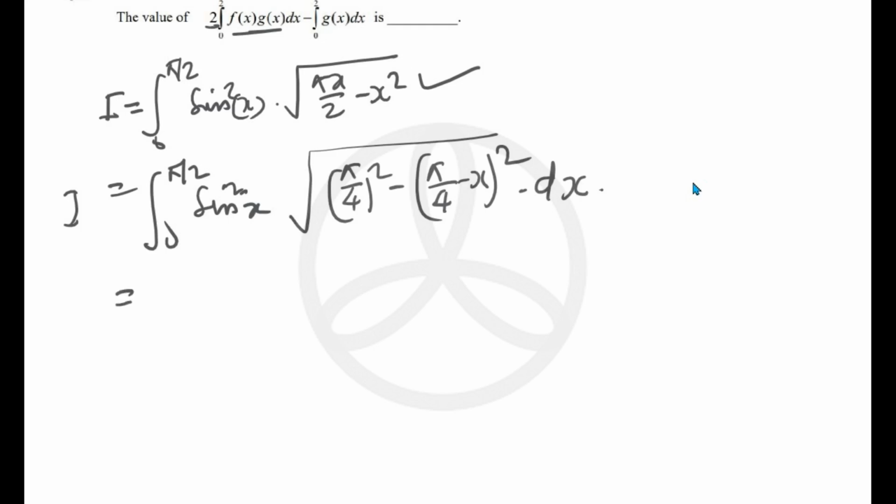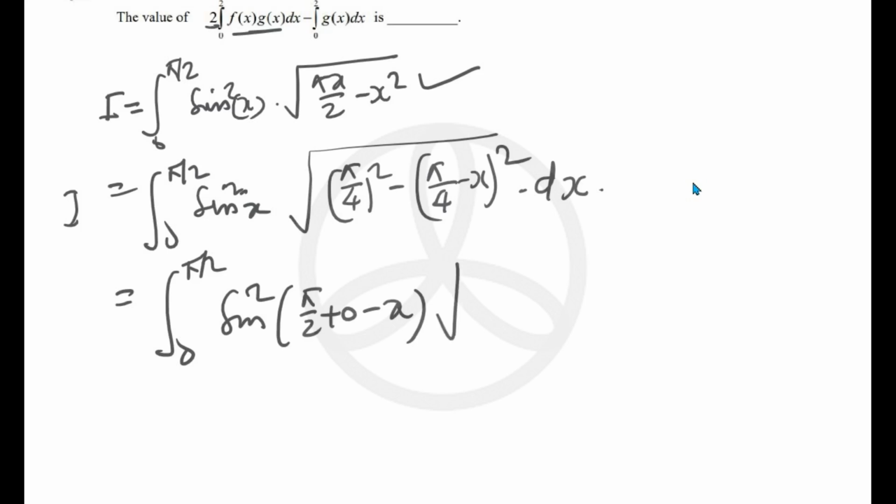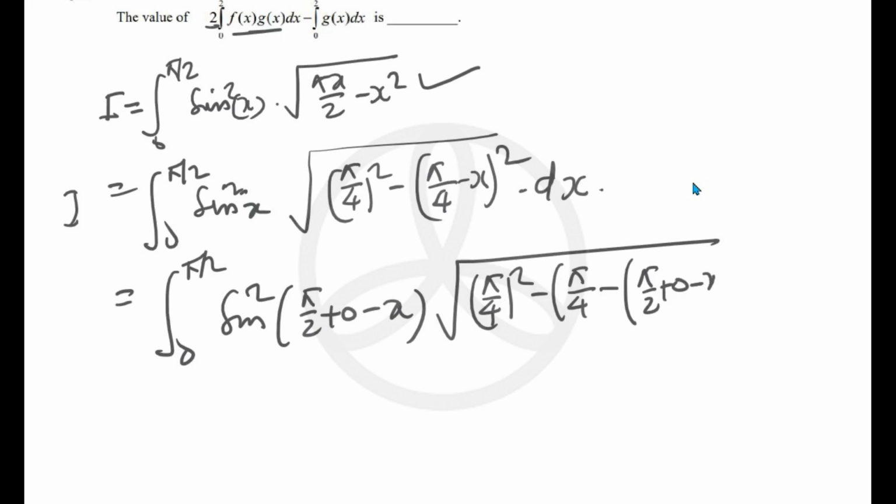Now we can use King's formula, or whatever name you want to give it, and apply sine square of (pi/2 plus 0 minus x), and here we apply (pi/4) square minus (pi/4 minus of (pi/2 plus 0 minus x)) square dx.